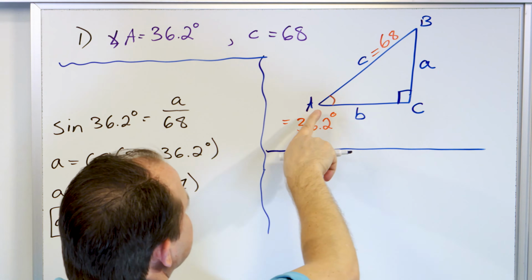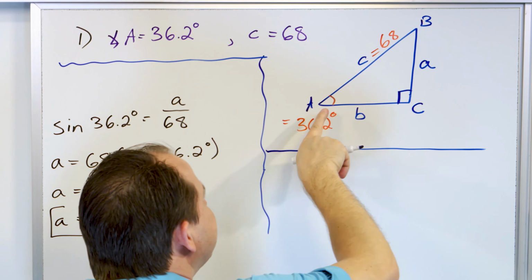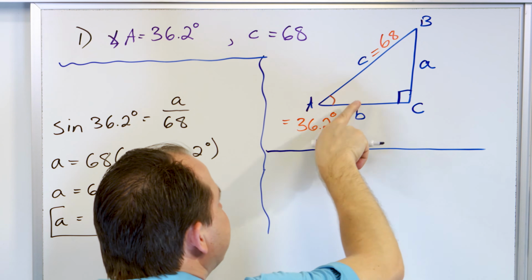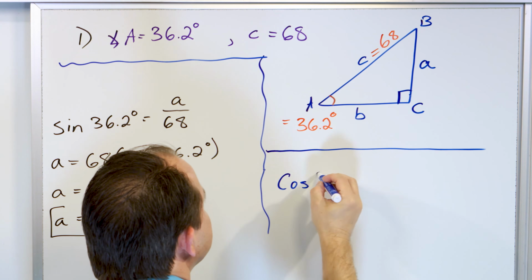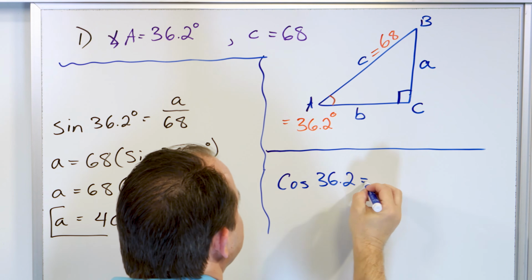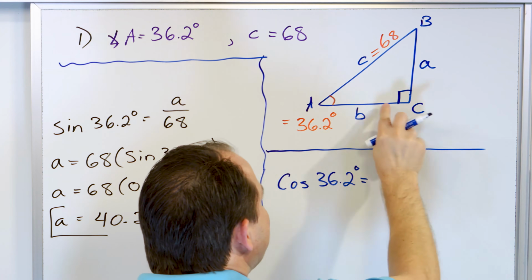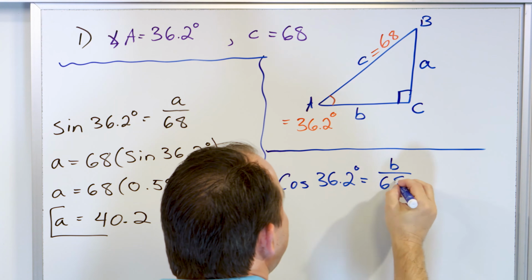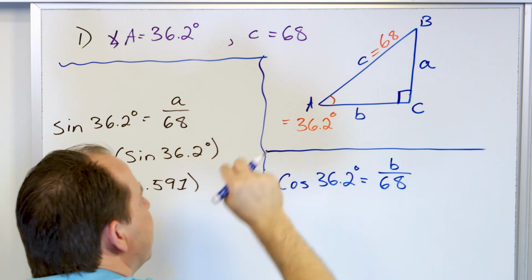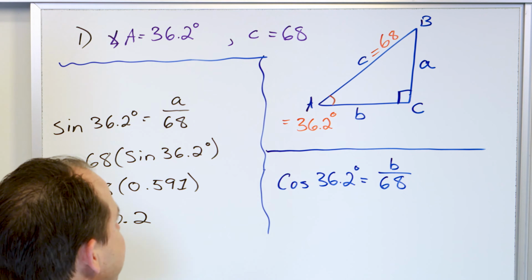How do we find the length of side B? Notice that the cosine involves the adjacent side, and we already know the hypotenuse, so we can write down right away that the cosine of 36.2 degrees is equal to the adjacent side of this angle, B, over its hypotenuse, which is 68. Because we were given the hypotenuse and this angle, we can find A and B right away.